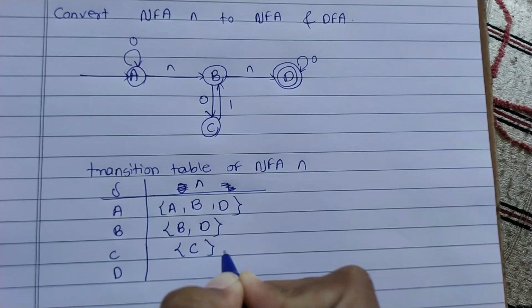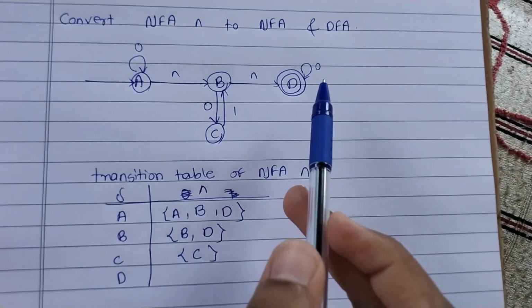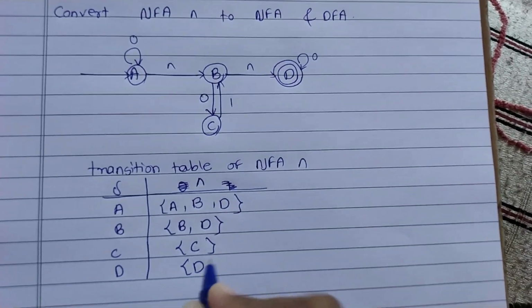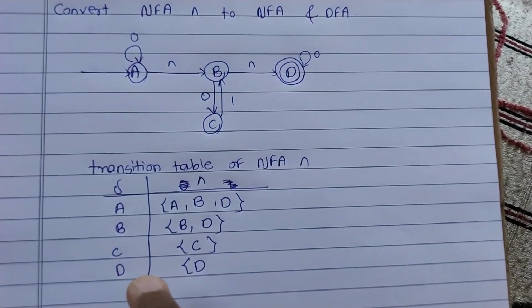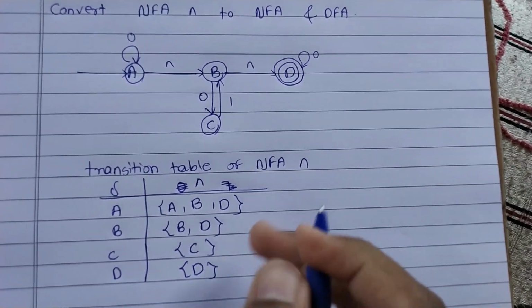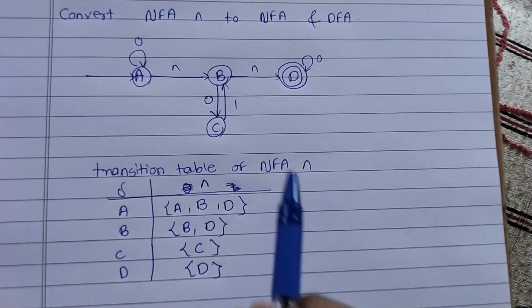So only C is mentioned here. Now D. D also does not transfer null anywhere. So first D is written because null value transfers to the state itself first and then to another state. So this is the transition table of NFA null.